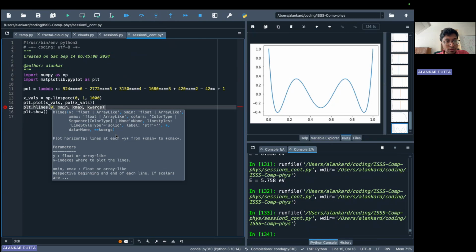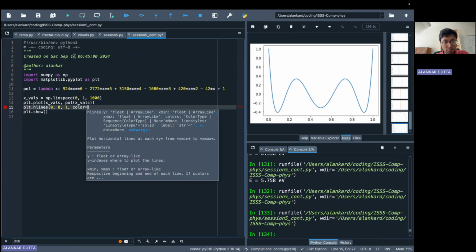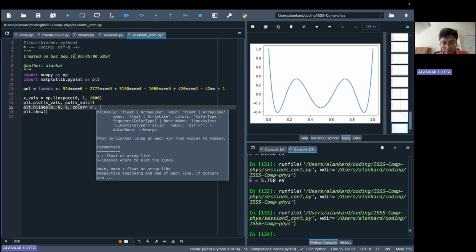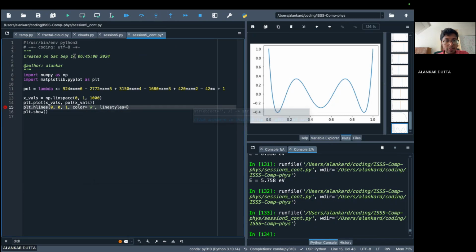So we want it at y equals 0 from x equals 0 to x equals 1, and we want the color to be, say, black, and the line style to be dotted.